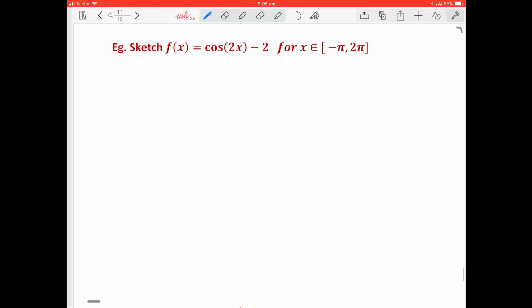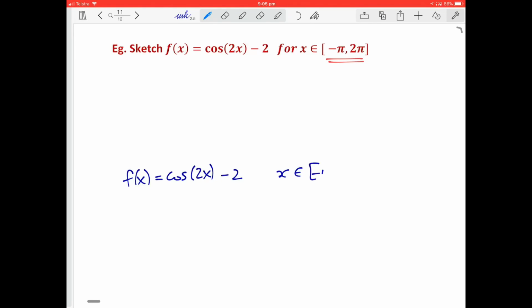Okay, so here we know we're from -pi to 2 pi. What I'm going to do is write it down here because it's not far enough down. So f(x) is cos 2x minus 2, x is an element of -pi to 2 pi.